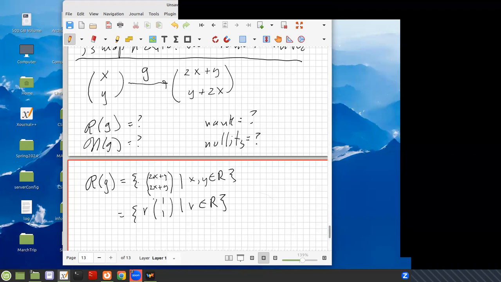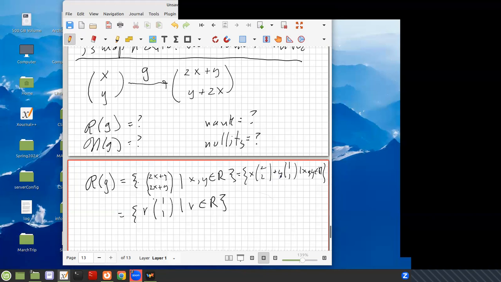If I factored out the X here, I'd have X times 2, 2 plus Y times 1, 1, such that x and y are real numbers, right? But those are linearly dependent, so I can choose one of them. Then you chose 1, 1, but why R? Why not?